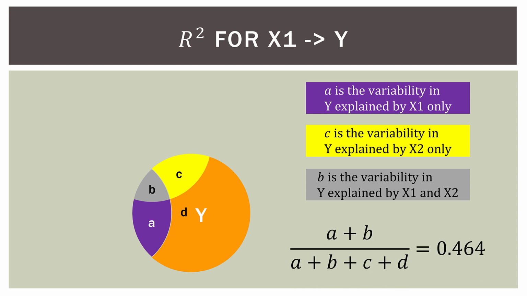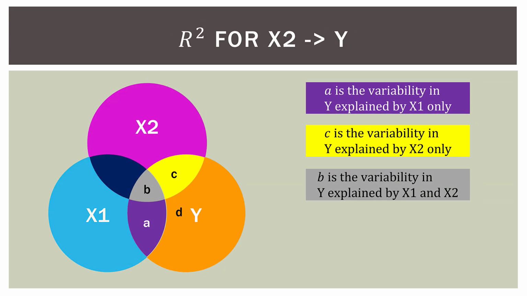The area of that R squared has to be 0.464. We already figured that out. Well, mathematically in this circle, that is A plus B, which is there in the purple and the gray, divided by the whole thing, A plus B plus C plus D. That is the R squared for x1.